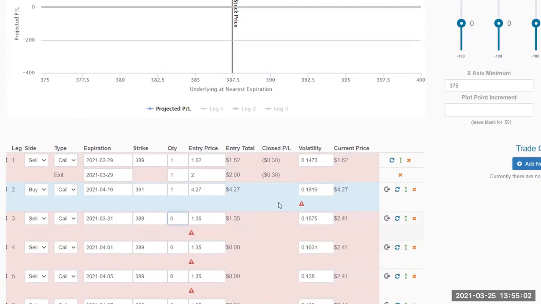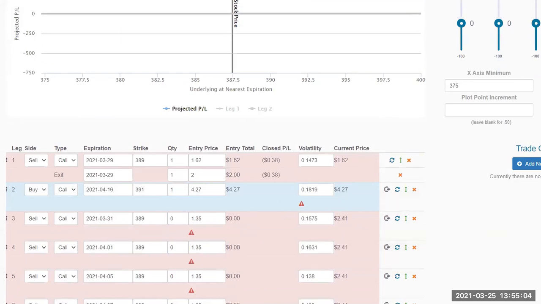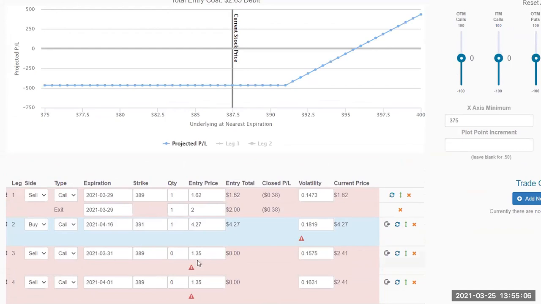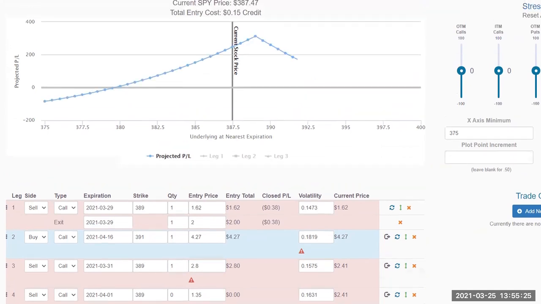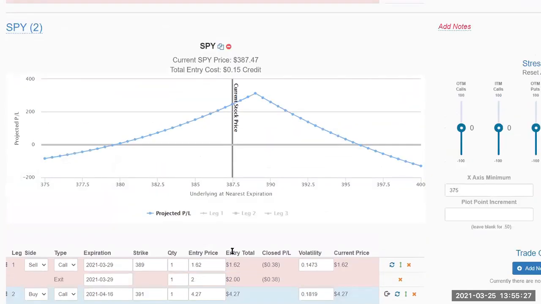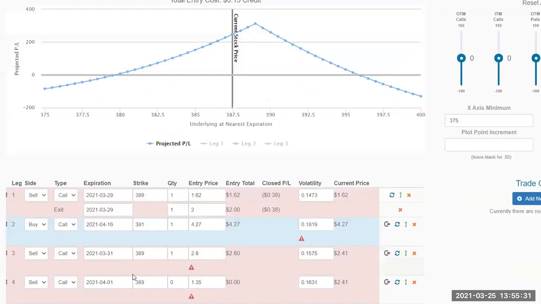So we already know this long is going to be worth more, and we already know that we're going to be able to sell this 389 for more, right? So if we're trading at 391, we're going to be able to sell this for probably, let's say, 280. And we do that. So here's that trade.